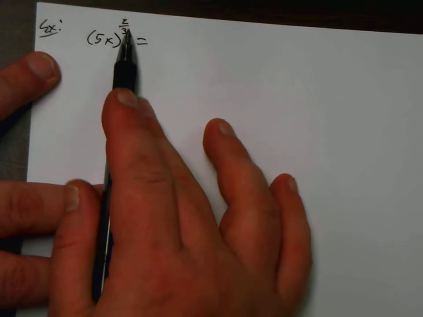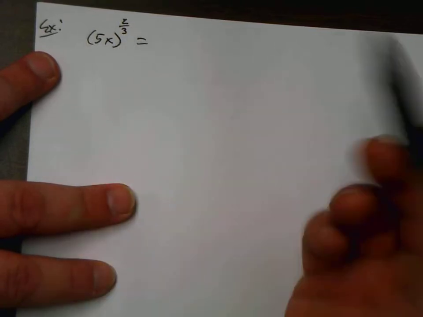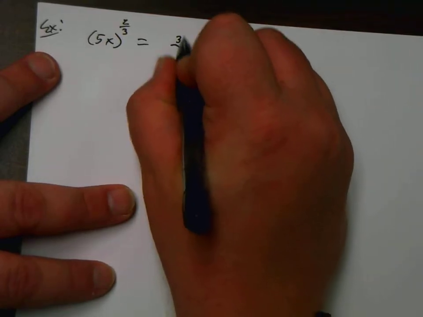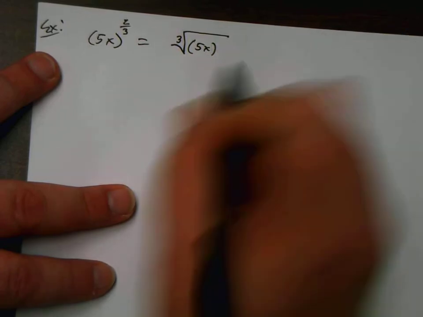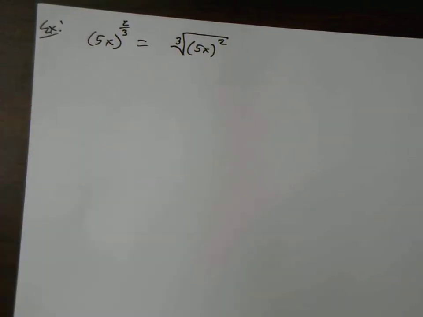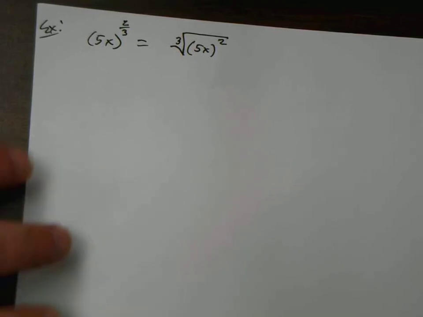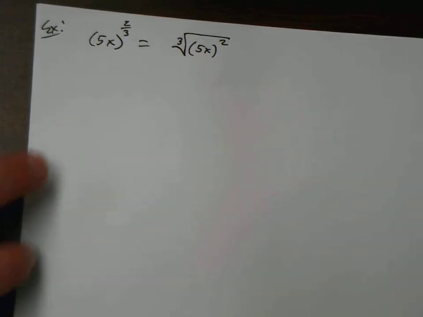Well, here I got to look at the denominator of the fraction in this exponent. This is going to be my index. So I know I have an index of 3. My base then is 5x, and the exponent then would be 2. So I'd have the cube root of 5x squared. All right, not so bad. So that's how I'm going to go back the other way.